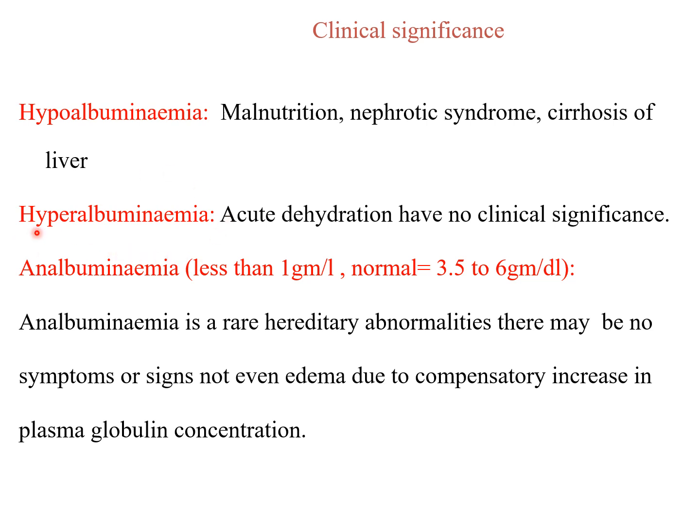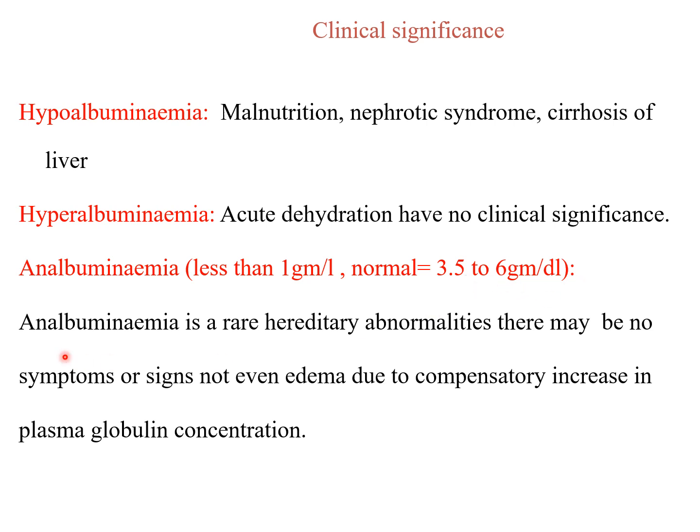In hyperalbuminemia, it may happen in acute dehydration and has no clinical significance, and it's a reversible one. You can have a lot of intake of water, it will recover. Analbuminemia is less than 1 gram per liter, normal is 3.5 to 6 gram per dl.